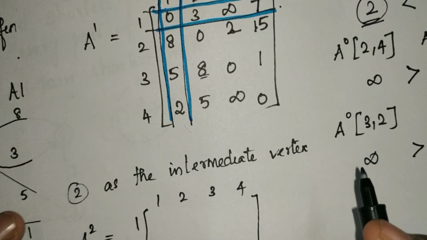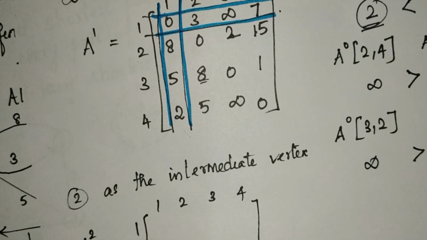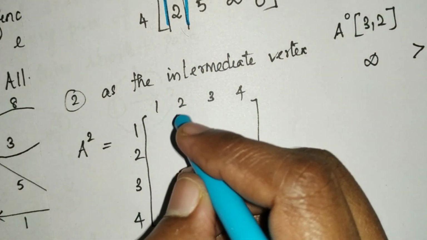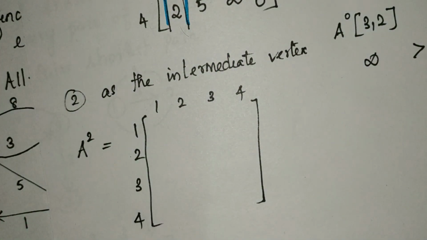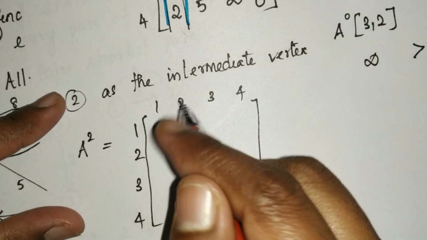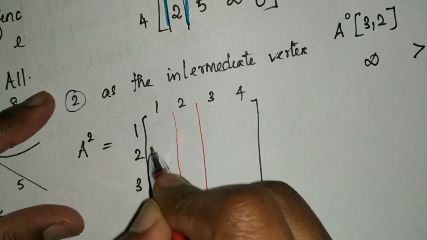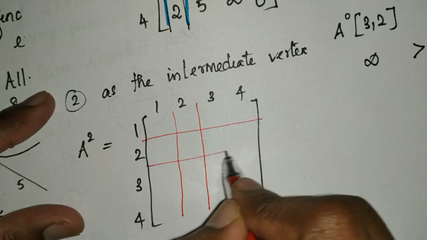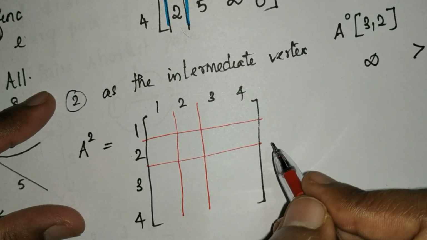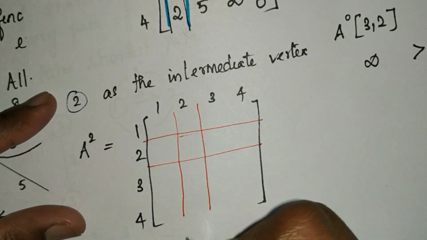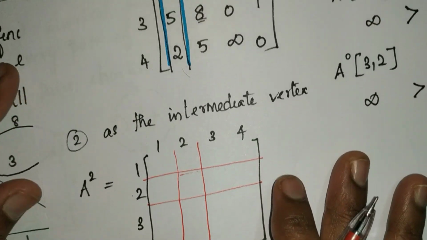As we are going to take 2 as the intermediate vertex, the second row and the second column are going to be the same as what we have in the previous matrix.